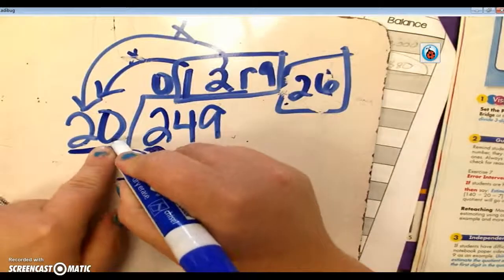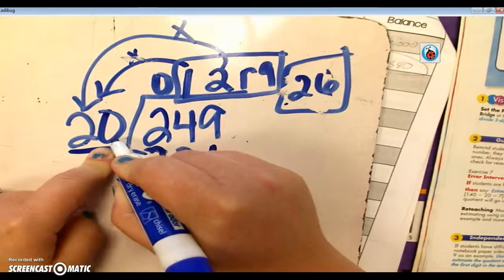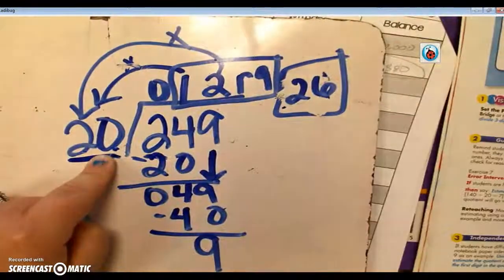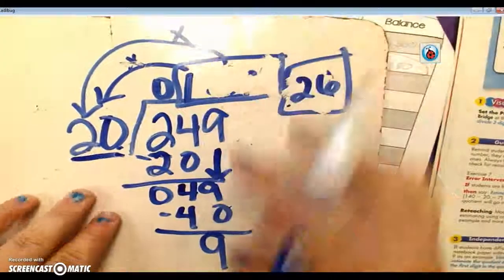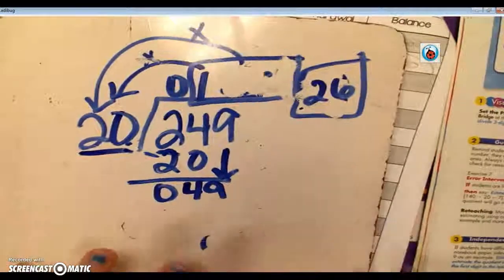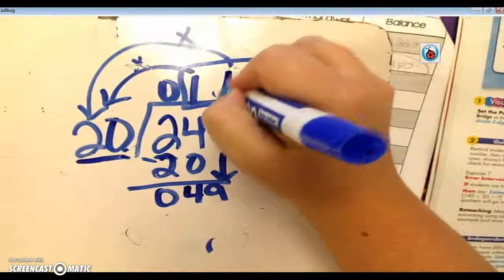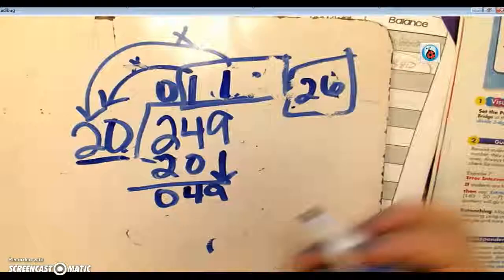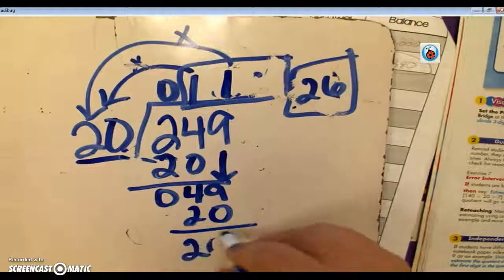I can't get past 20, because if it was 20 or 21, it would go in there again. For example, let me just show you. Let's say right here, when we get to 49, let's just pretend that I said it only goes in there one time. 1 times 20 is 20, right? And if I would subtract, I would get 29.